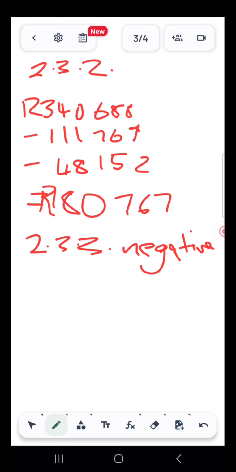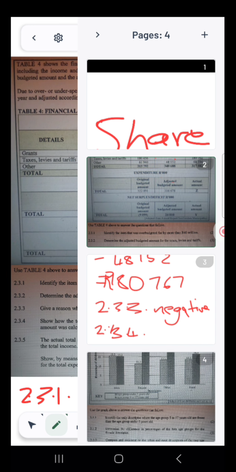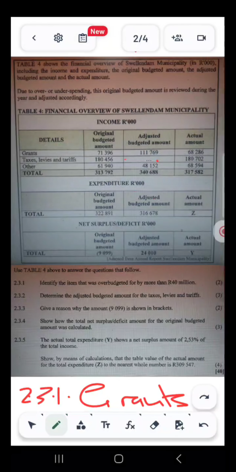And then from there, they say 2.3.4. The question says, show how the total net surplus or deficit amount for the original budgeted amount was calculated.